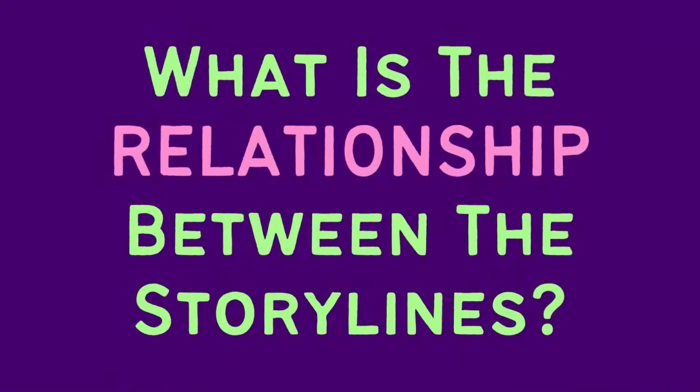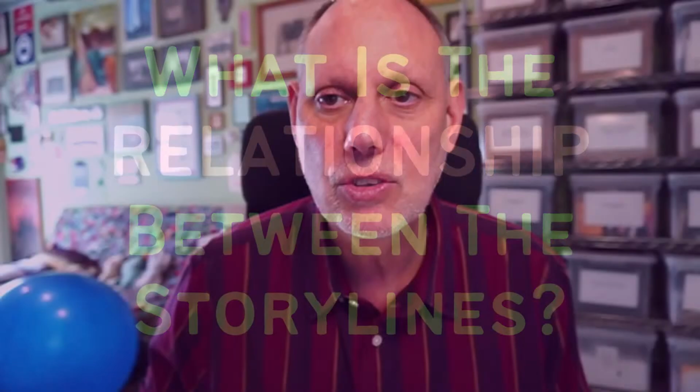And this really gets down to, what is the relationship between the stories? In other words, if you are telling the story of Star Wars or Lord of the Rings, there is a central goal. They are trying to defeat the Empire or get rid of the ring.